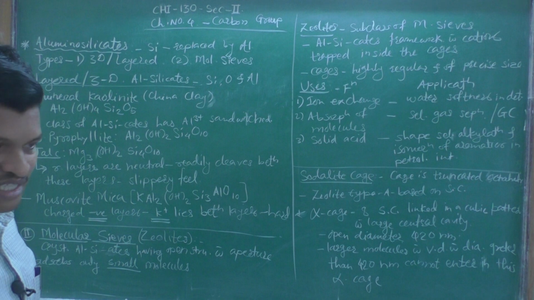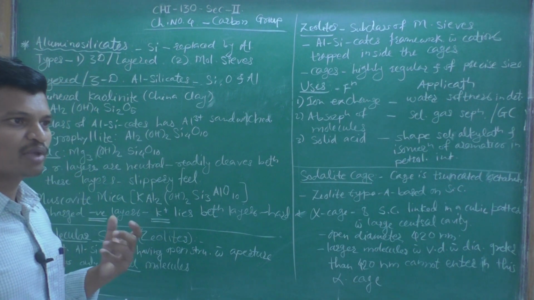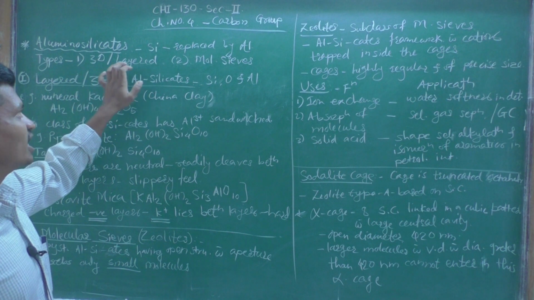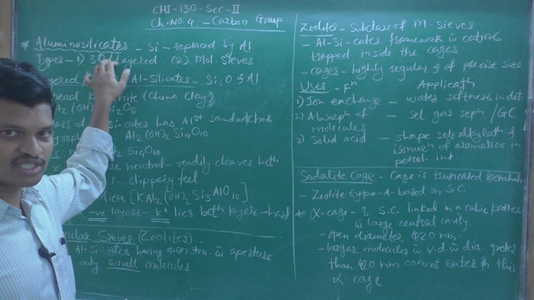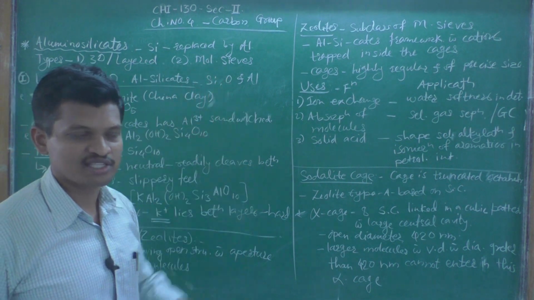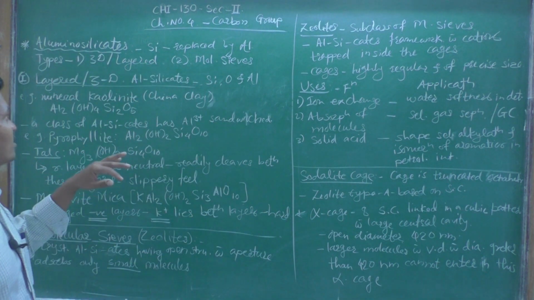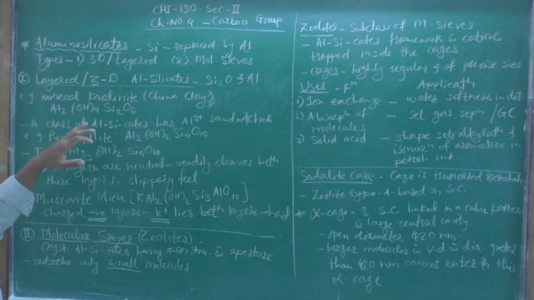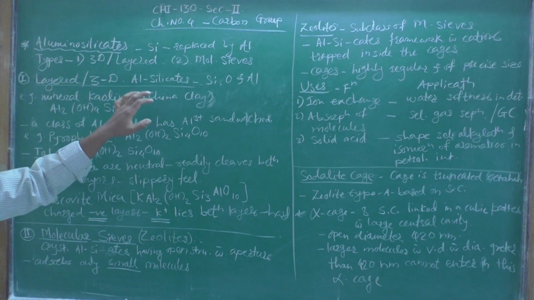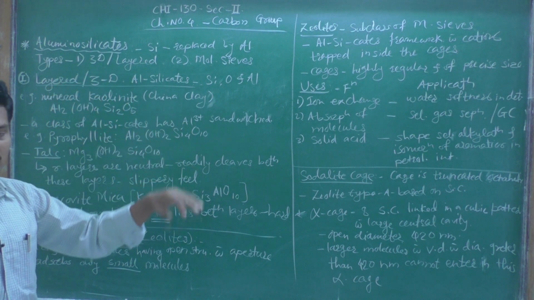Now, the types or classes of these aluminosilicates are mainly two: three-dimensional or layered aluminosilicates, and the second one is molecular sieves. Let us start by studying the first type, that is layered or 3D aluminosilicates.